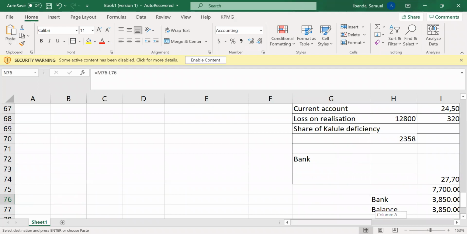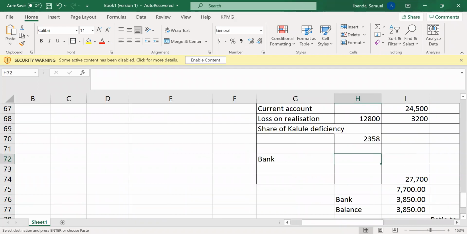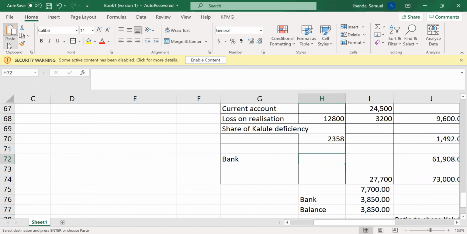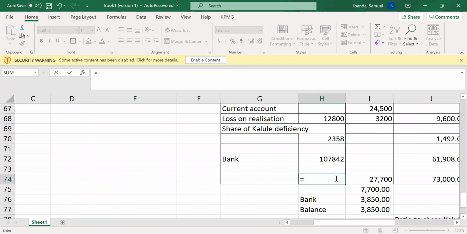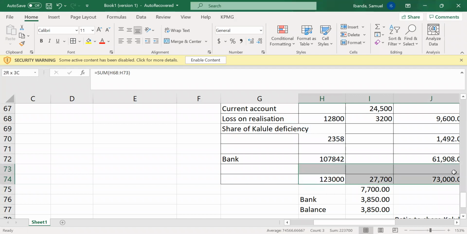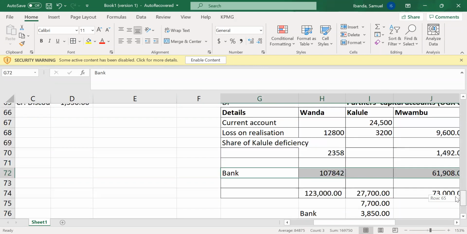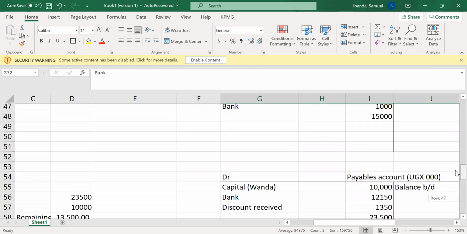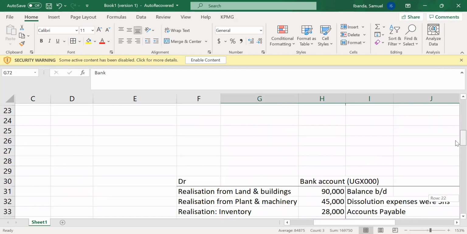When I bring this here under the column of Wanda, I should be able to get the 121,300, which gives me the balance here. So I've balanced off, but remember here I've not put balance carried down. I've rather put bank. As you put them here, I'll now come to my bank account.